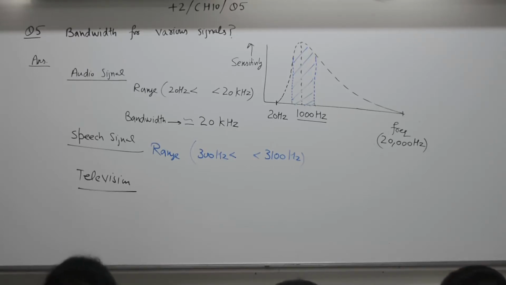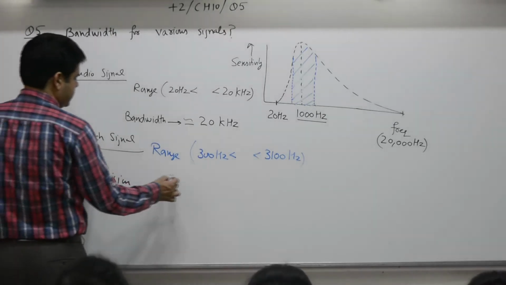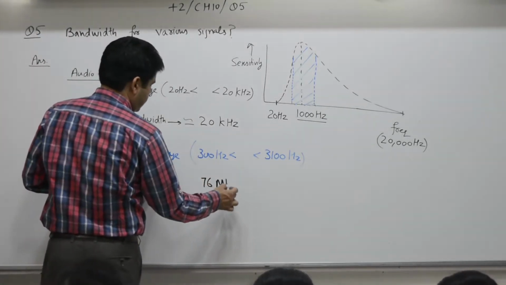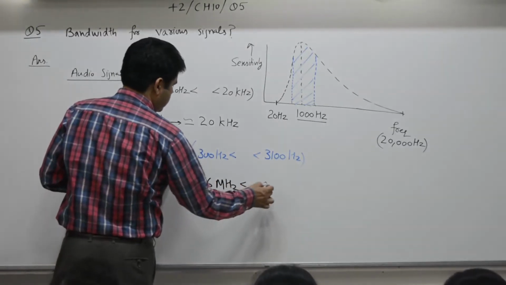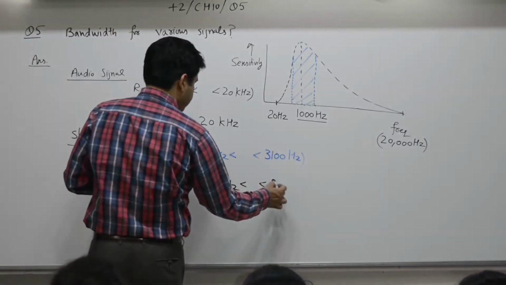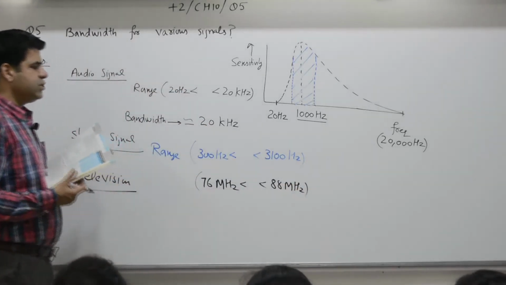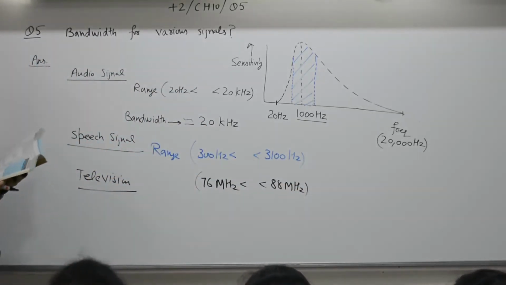If we pick up one value, say 76 to 88, suppose I pick up this value, 76 megahertz to 88 megahertz, because after 88 the FM radio starts.